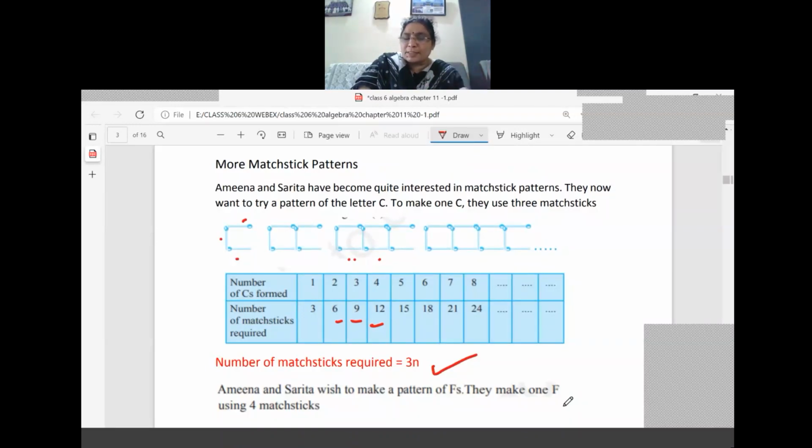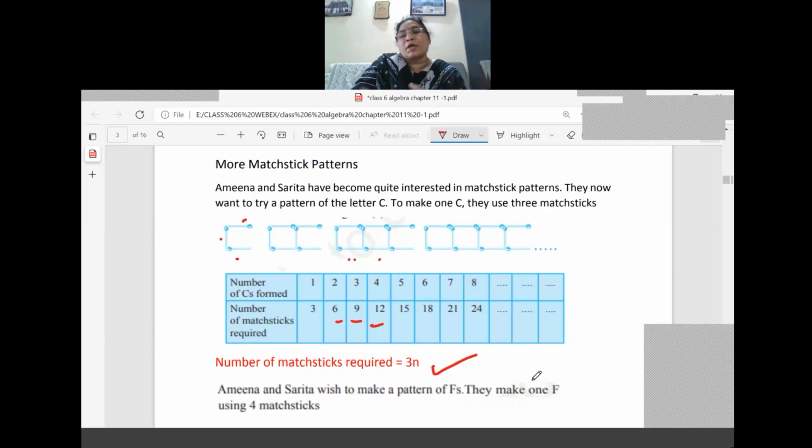How did we get 3n? The first we got 3. For 2 C's it became 6, 3 C's became 9, 4 C's became 12. So what is the pattern we are getting? It's a multiple of 3. So we are writing 3 into the number of C's. That is why we have used 3n.